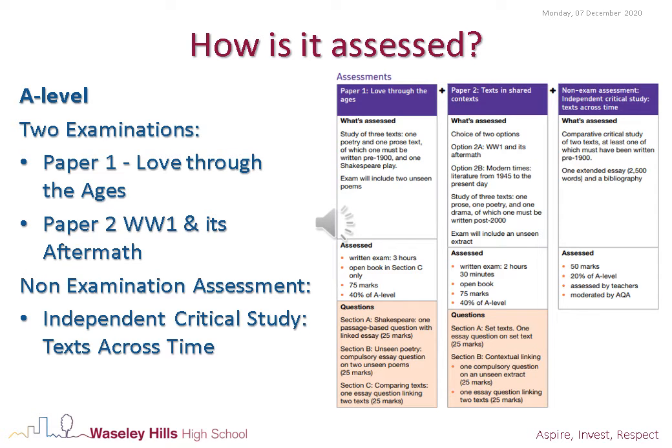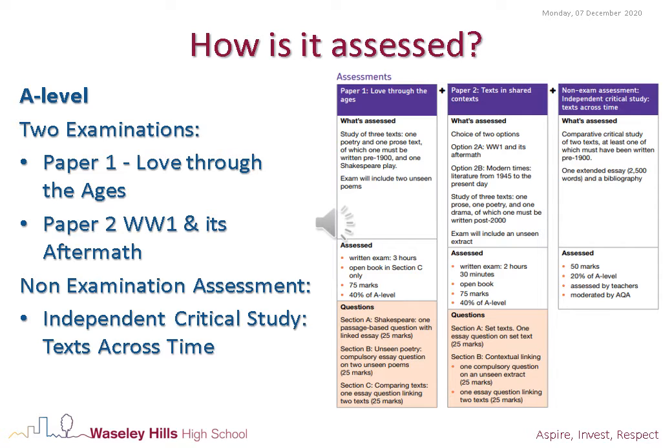So you've heard about what exactly the A-level entails, and you're interested. So the next question that's on your mind is, how will I be assessed? There are 2 examinations at the end of year 13. One is for paper 1, Love Through the Ages, and this will be one paper that will basically assess all the texts that you have studied during that time.